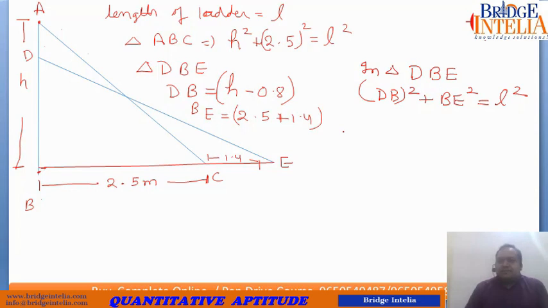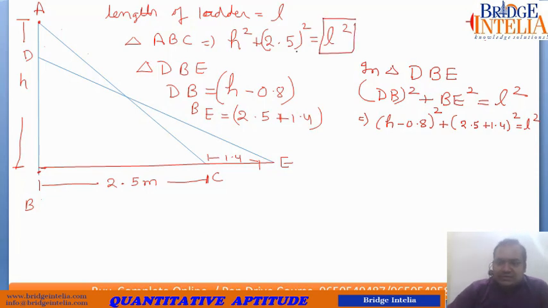So H minus 0.8 whole square plus 2.5 plus 1.4 whole square is equal to L square. Leave this as it is. So in two different situations, you have the value of L square.